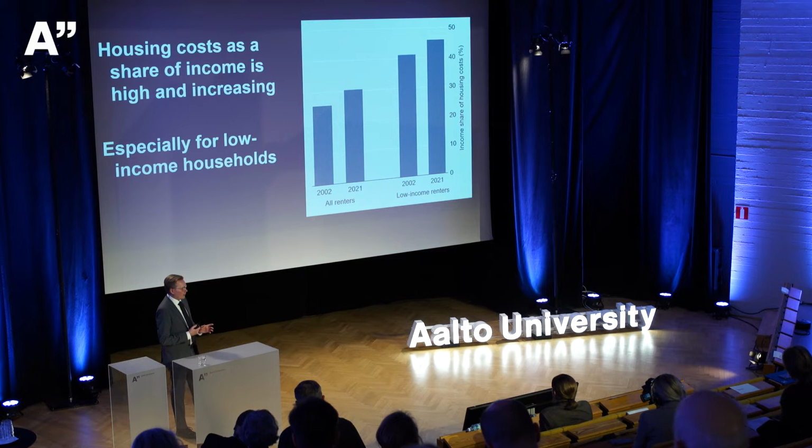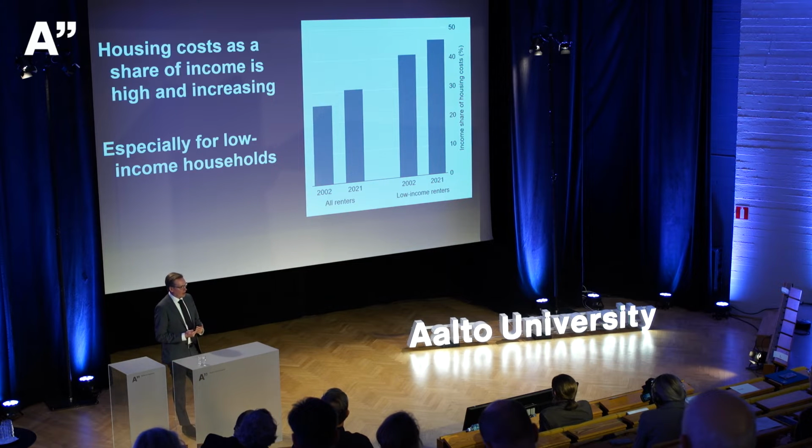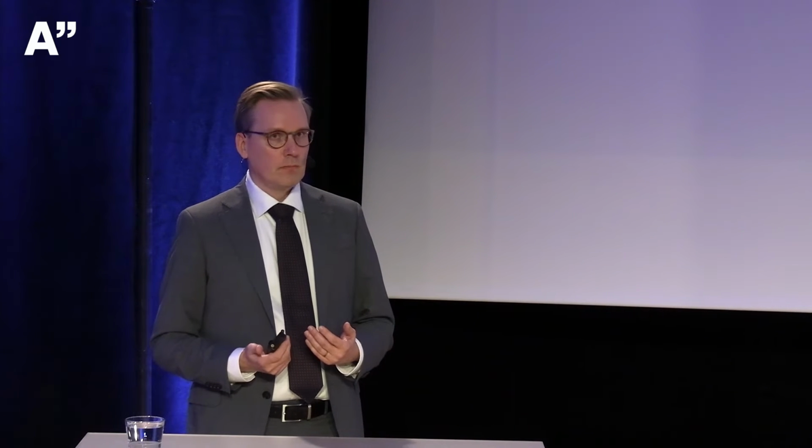What we can see from these figures is that housing costs as a share of income are high for both groups, and have been increasing. What's striking is that it's especially high for low-income households. Low-income households spend more than 45% of their income on housing. This is obviously a major problem, and we need to understand how we can make housing more affordable.